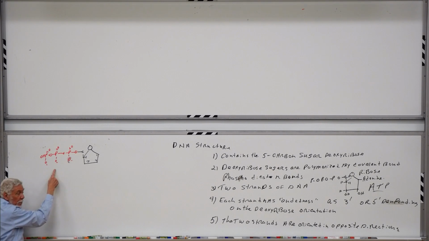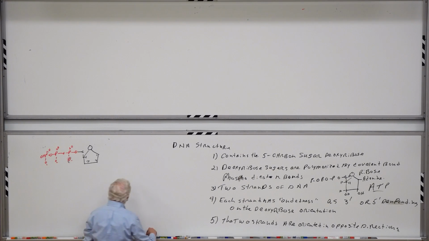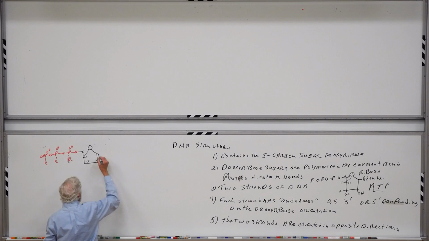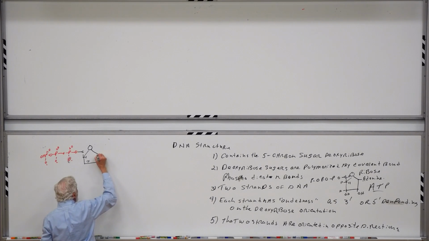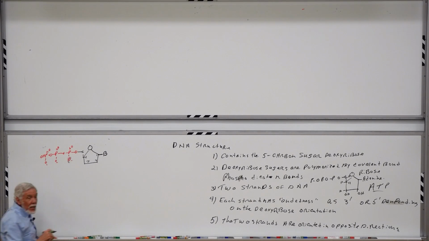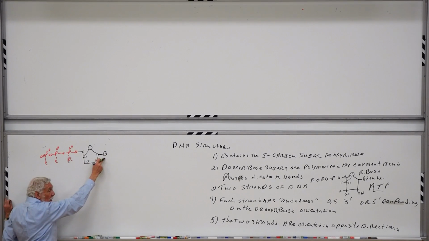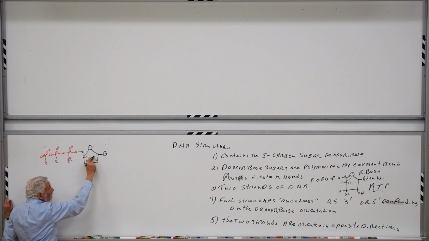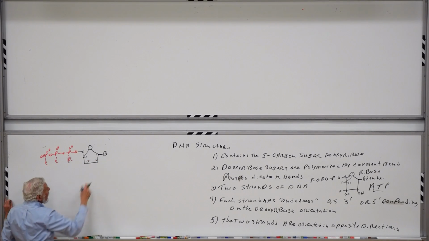That's the triphosphate. Now, we could have any one of the 4 bases, adenine, thymine, cytosine, or guanine, attached to the number 1 carbon by a covalent bond. I'm showing that simply as a straight line out to the base. That's a covalent linkage between the number 1 carbon and the base.